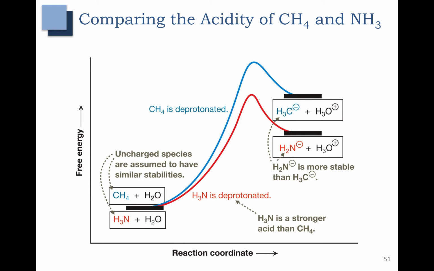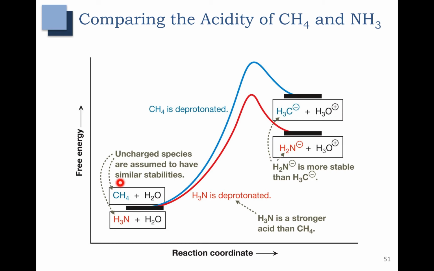We can now use a reaction coordinate diagram to compare the acidity of some of these species. If we look at CH4, methane, compared to NH3, ammonia, we're going to assume that they have similar stabilities here. Their energy is about the same. What happens when they get deprotonated? If we take a hydrogen off of ammonia, you end up with NH2 minus.